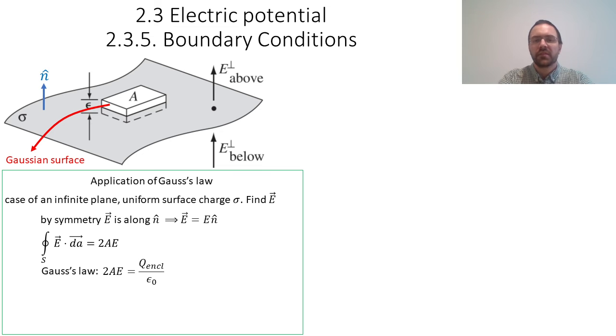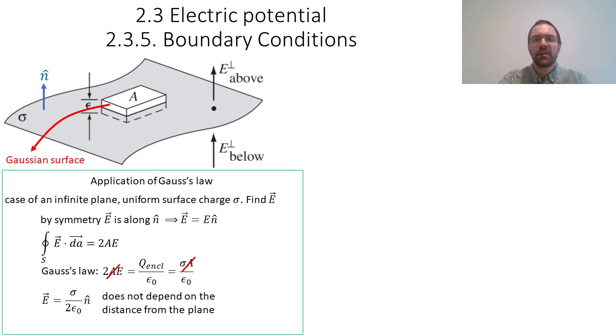Now we can write Gauss's law. This flux on the closed surface of the pillbox is equal to Q enclosed in that pillbox divided by epsilon naught. And Q enclosed is sigma times the area A. We can simplify the area and we obtain that the electric field is equal to sigma over 2 epsilon naught along n hat.